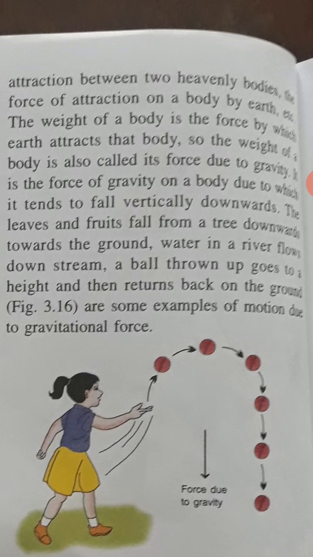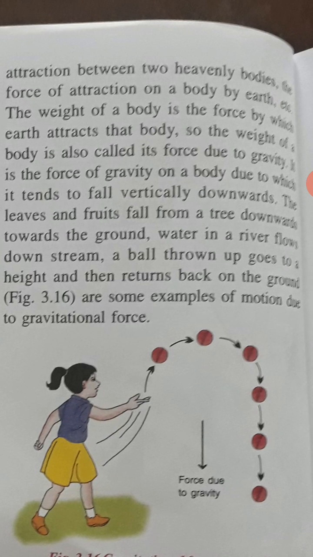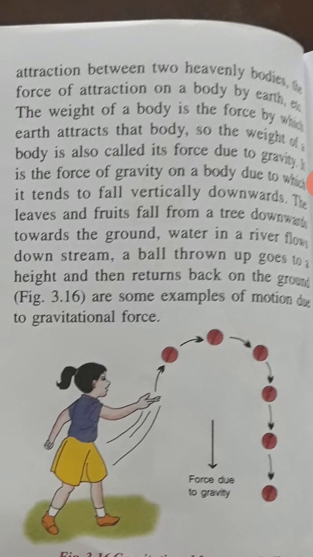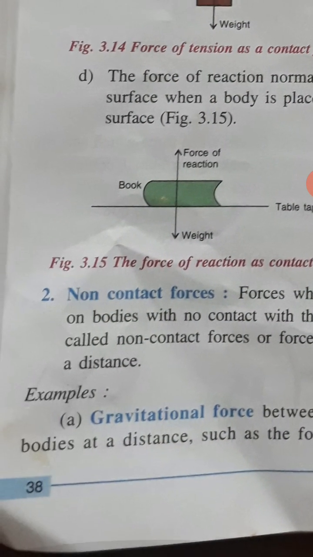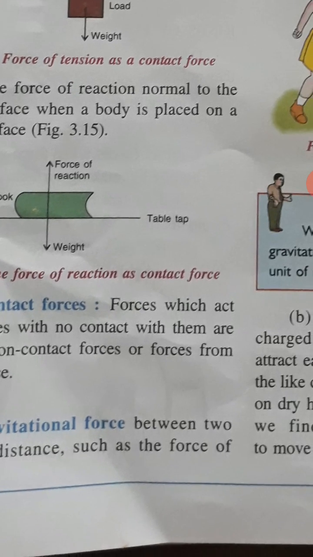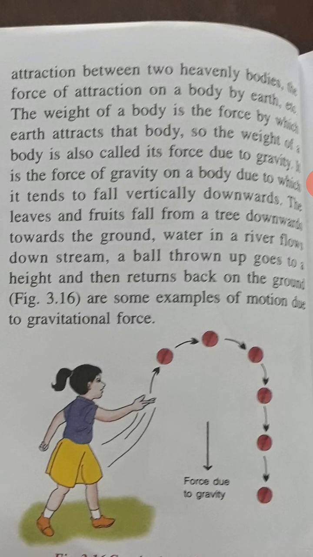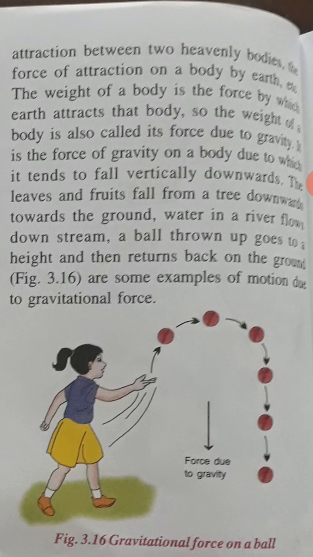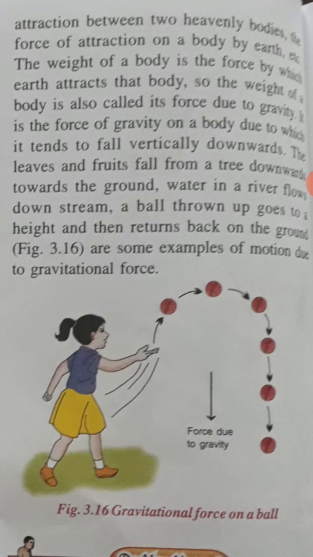So you know that this is a force which is applied from a distance. Let us read what is given here. Gravitational force between two bodies at a distance, such as the force of attraction between two heavenly bodies, the force of attraction on a body by earth. Even heavenly bodies attract each other.